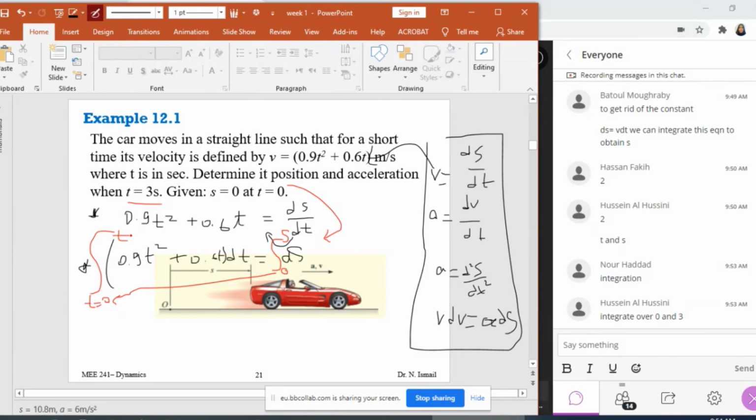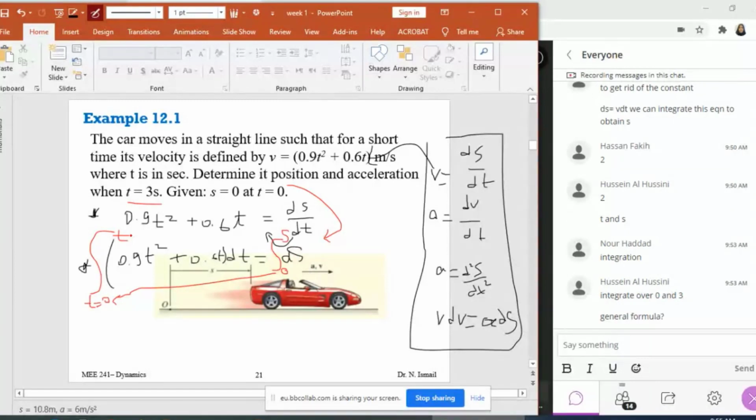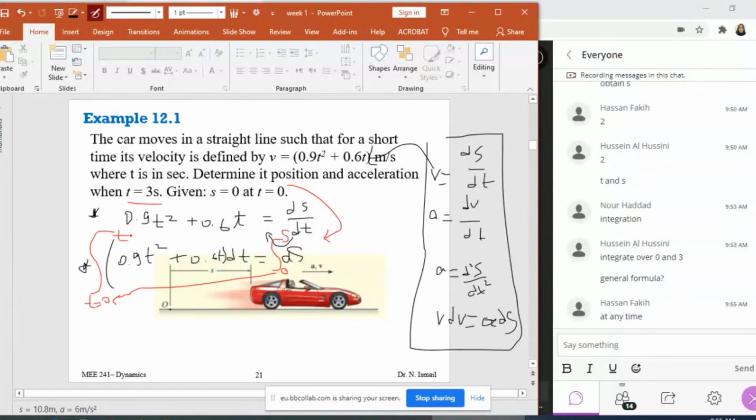Why, guys? If I do this, what kind of s I'm gonna have? Is it a numerical value or general formula? Perfect, Hassan. So guys, yes, at any time.